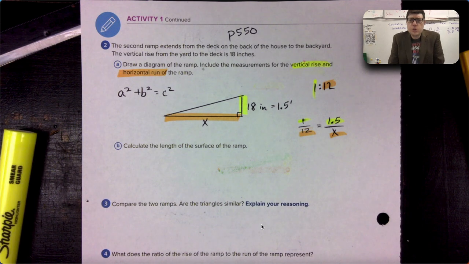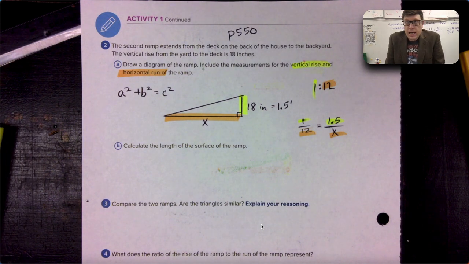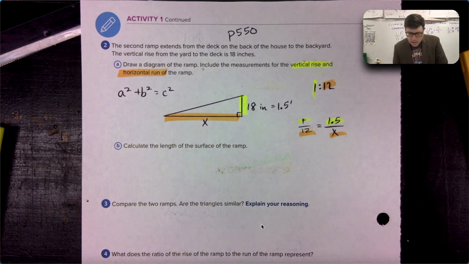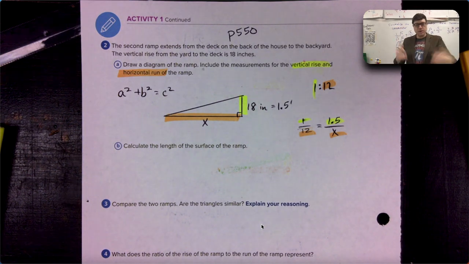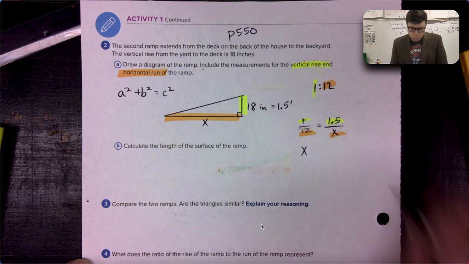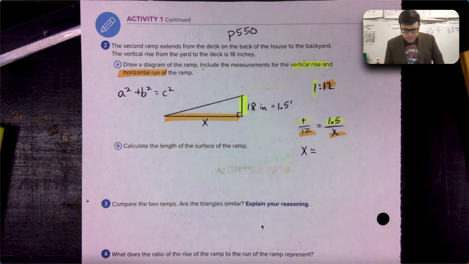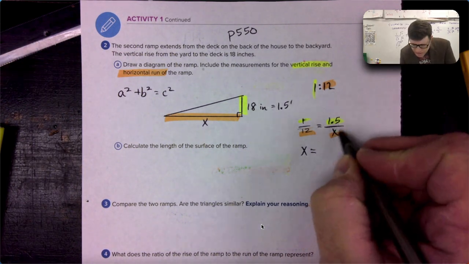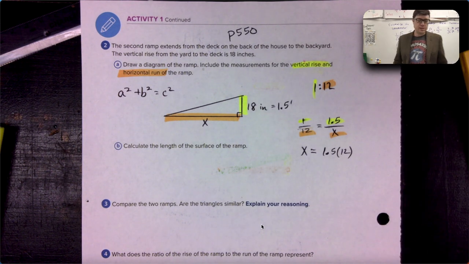Now, if I do some cross multiply, that is a cross product, that is multiplying both fractions by both denominators, ultimately what will happen is the 12 and the x will be reduced from their sides of their fractions and become 1 times x as a whole number, no fraction. And then on the other side, the x would be reduced, but 1.5 would be multiplied by 12 through that process. So now we need to figure out what 1.5 times 12 is.